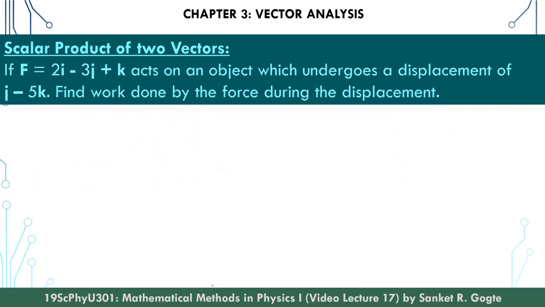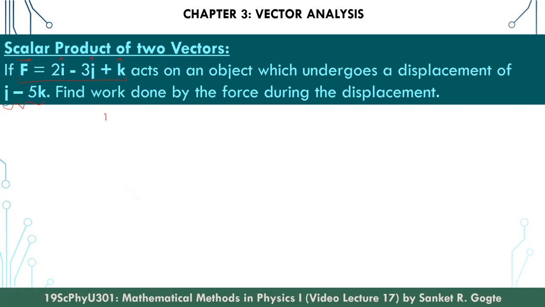Now let's consider one application of dot product. We are given a force, this is a vector, and these three are the unit vectors. So we are given this force and this is acting on an object which undergoes a displacement due to that force, and we want to find the work done by the force.